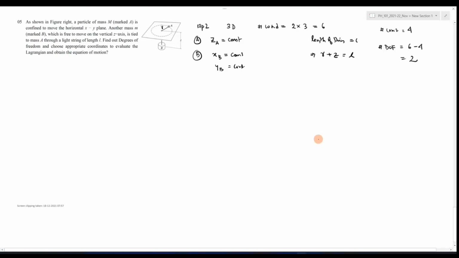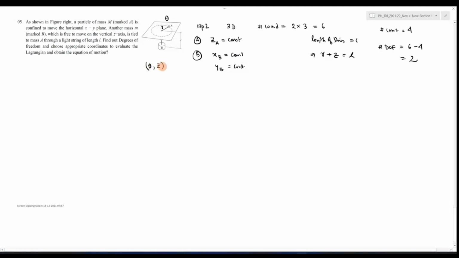Okay. So now, which two coordinates will you be choosing? I have taken distance of B from the plane and angle theta of A. So we can have one angle theta and z, so you have two options.